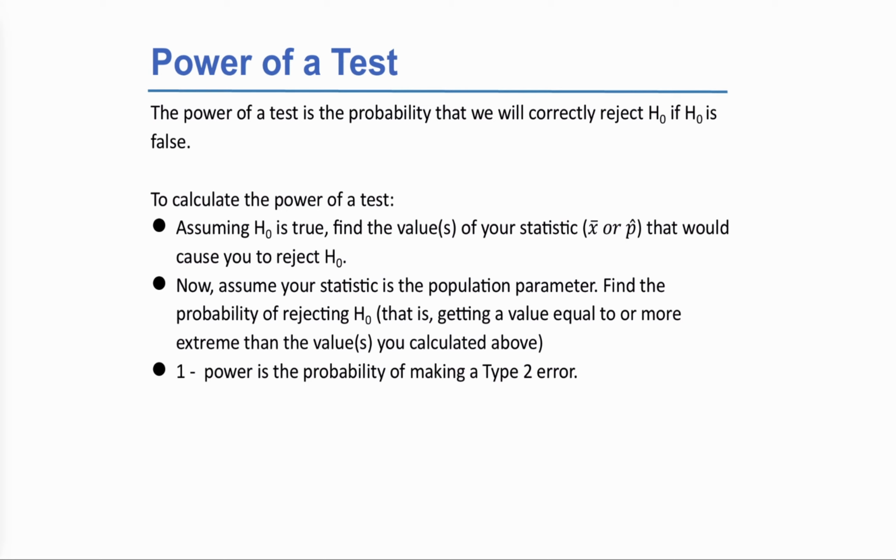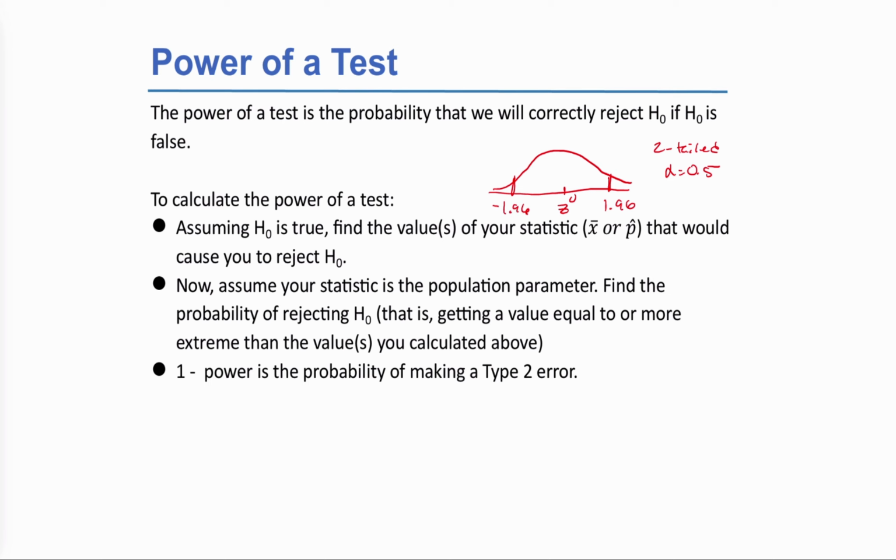So, assuming your null is true, find the values of your statistic that would cause you to reject the null. So, for a two-tailed test, because I know the two-tailed test off the top of my head, right? A two-tailed test is equivalent to a confidence interval. So an alpha of 0.05 is going to have a z-score of plus or minus 1.96.